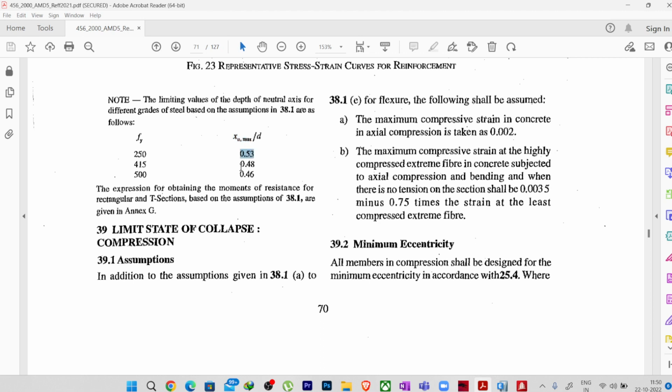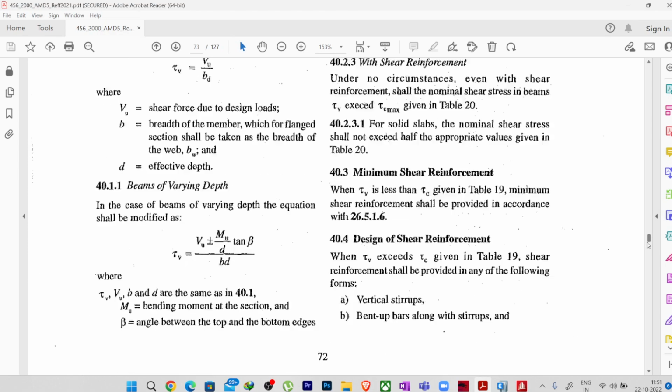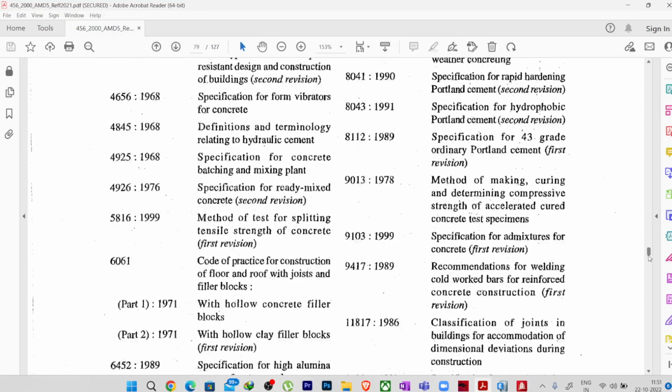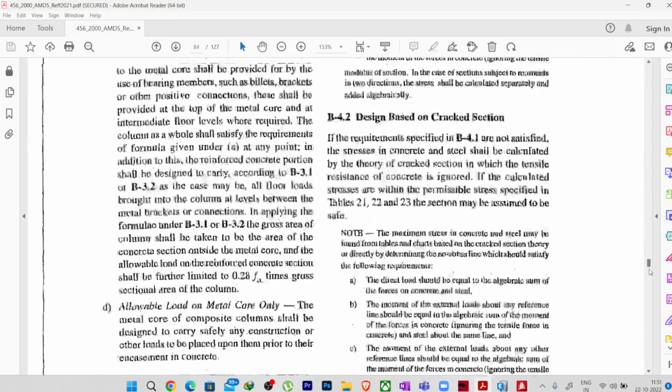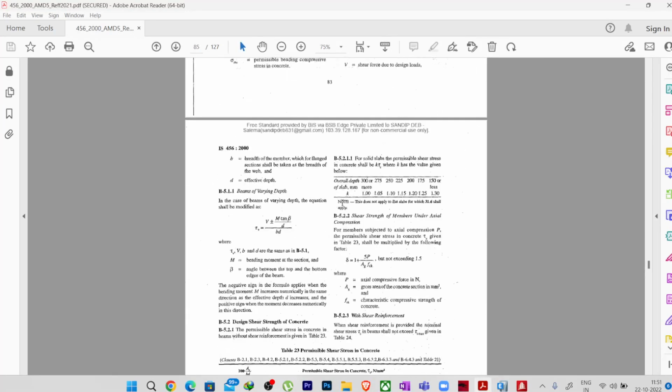Xu max by d equals this, so Xu max equals d into this one. Corresponding to different grades of steel, you can find the Xu max by d value from here. After finding Xu max, you can put it in the formula given for finding the strain in compression reinforcement.